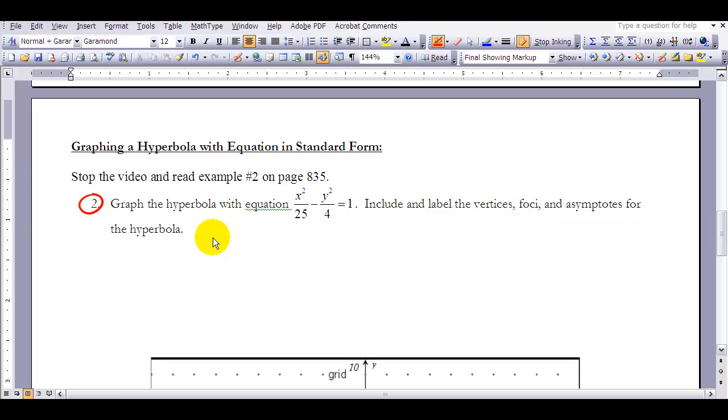So I know my asymptotes are y equals plus or minus b over a times x. So in this case, y is going to be equal to plus or minus b over a. B would be 2, so that'd be 2 over 5 times x. So we have y equals 2/5 x and y equals negative 2/5 x.